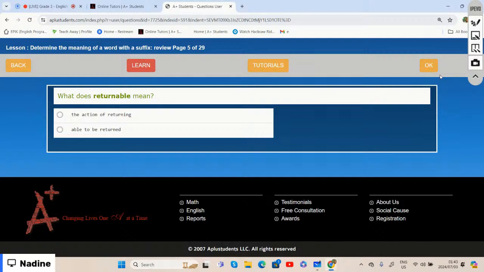Returnable. Look at the suffix able. Our suffix needs to start with the meaning able. It's like saying it's return able. This means it's the action of returning or able to be returned.